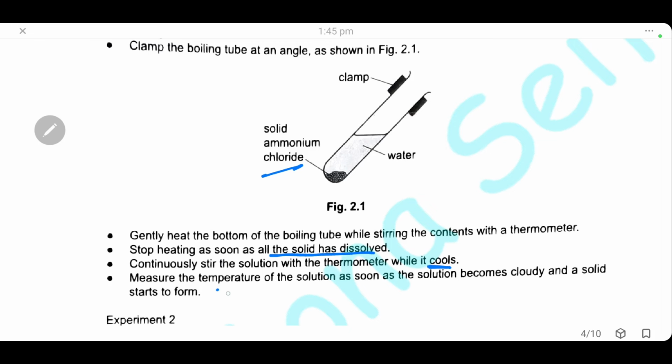Then measure the temperature of the solution as soon as the solution starts to become cloudy and the solid starts to crystallize out of the solution. So we will heat until the ammonium chloride dissolves in the 8 cm cubed of water. Then we will start cooling, and measure the temperature at which the ammonium chloride starts to crystallize out from the solution.